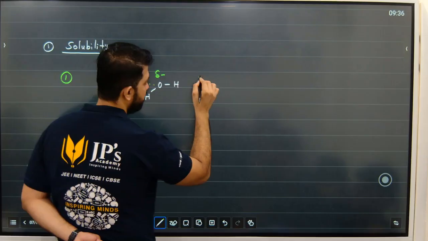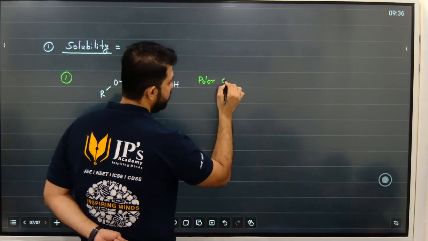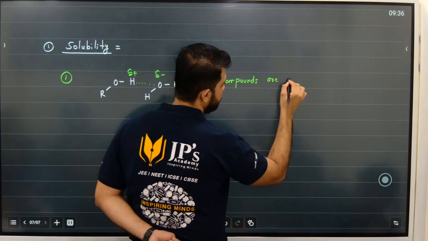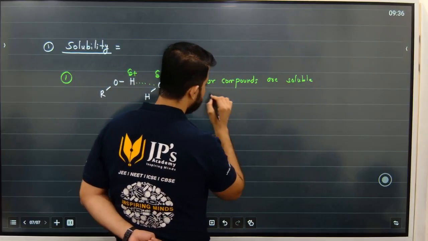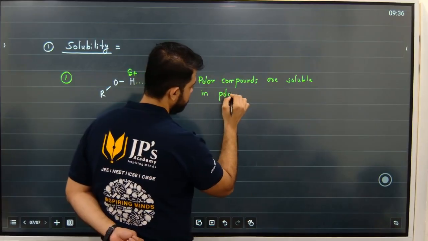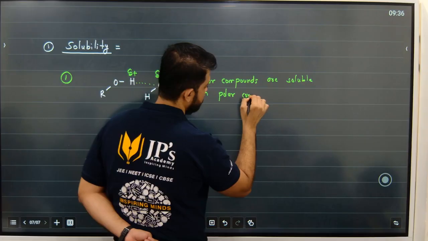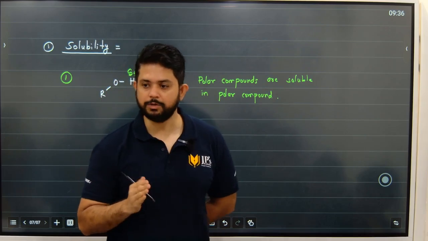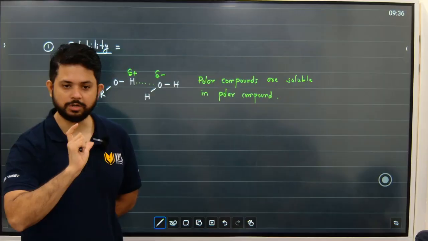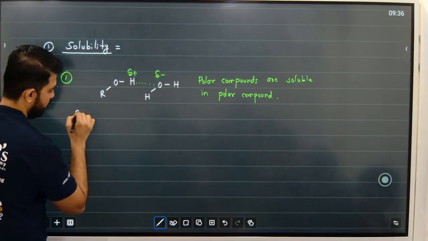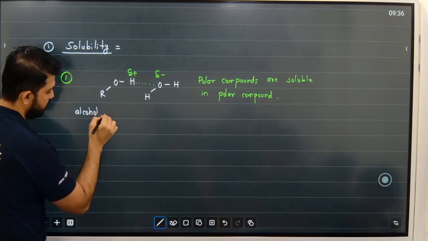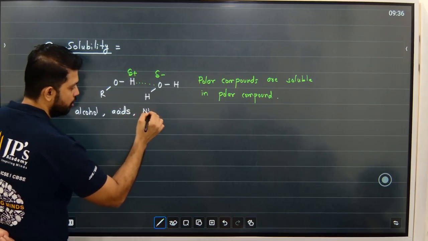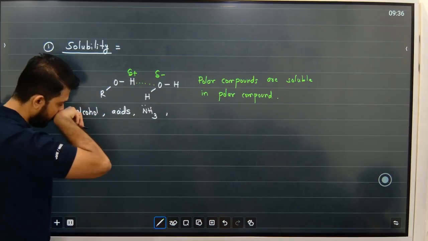I repeat, polar compounds are soluble in polar compounds. You actually get questions like these. Which particular compound will be soluble in which? So all polar compounds are soluble in polar compounds. For example, in water, you have alcohol, you can consider acids. In 10th standard, what is there? Even ammonia is soluble in water, has high solubility.